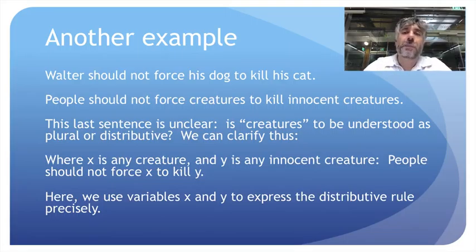We could say, in order to specify the distributive interpretation of that statement, where X stands for any creature at all, and Y stands for any innocent creature at all, people should not force X to kill Y. So here we're using the variables X and Y in order to express the distributive interpretation of people should not force creatures to kill innocent creatures. So variables can be useful to us in clearly expressing certain kinds of distributively interpreted rules.